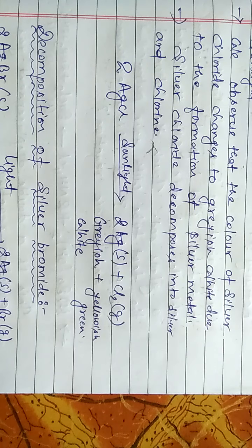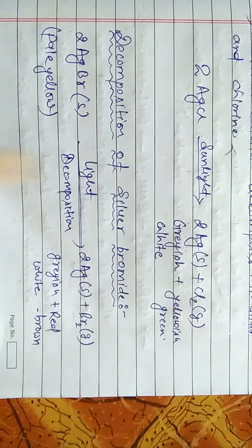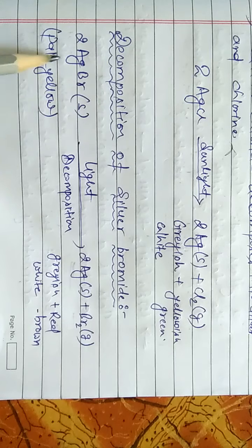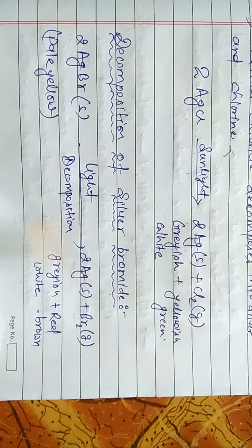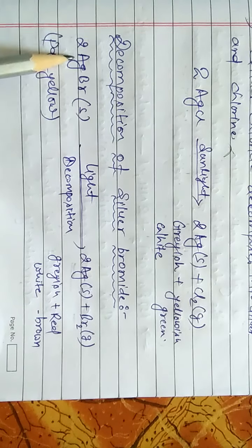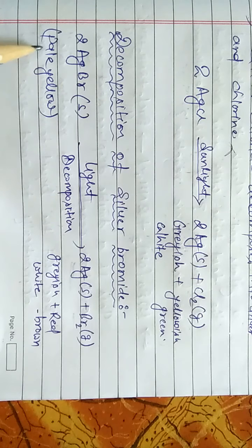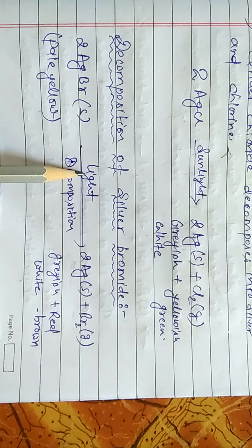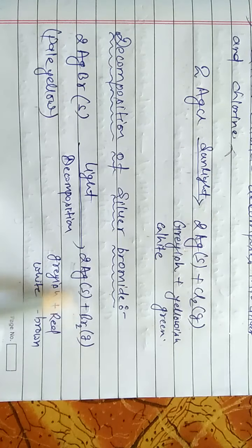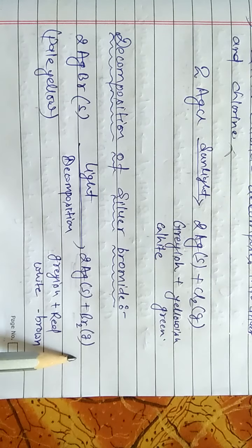Understood? Now another type of decomposition reaction you see, that is decomposition of silver bromide. Silver chloride we studied, now it is silver bromide. This is the formula of silver bromide, AgBr, and its color is pale yellow. Now when light is passed through it, it will be decomposed into silver and bromine.